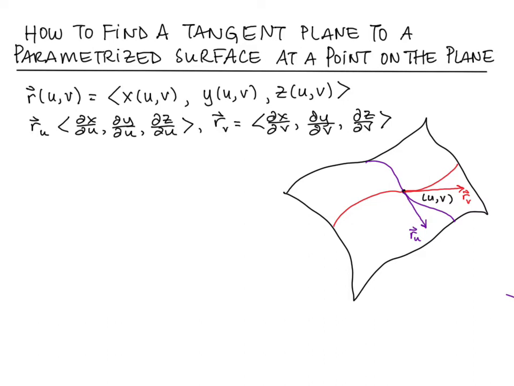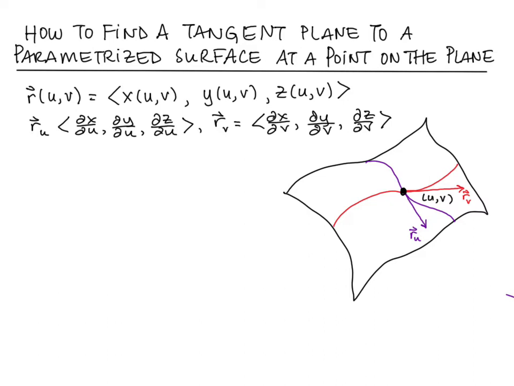These two vectors are going to be in the tangent plane at this point uv. They do not point in the same direction if they are linearly independent, right? One is not a scalar multiple of the other. And if we have these two vectors, then we can use them to determine the tangent plane at this point uv that we're talking about.